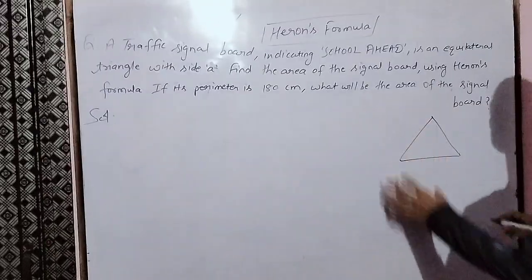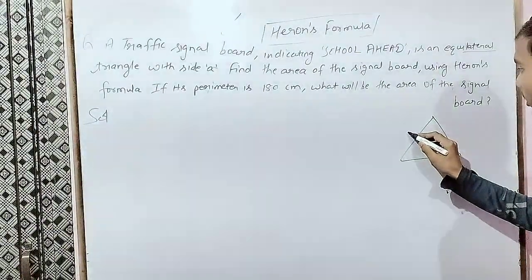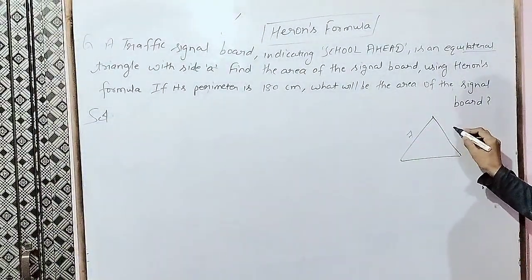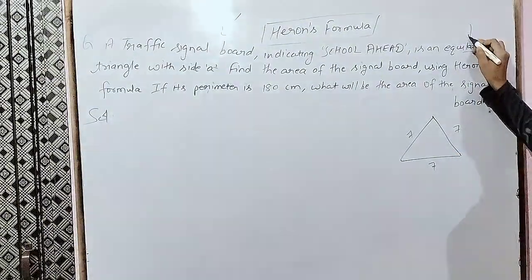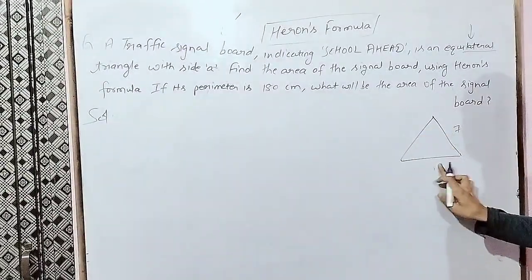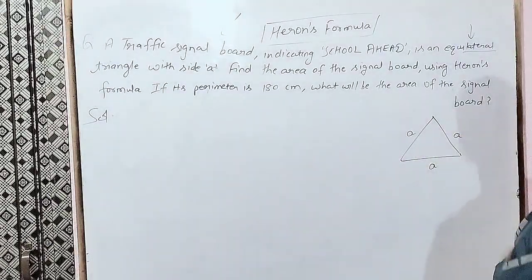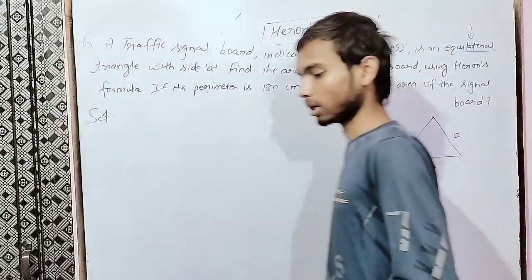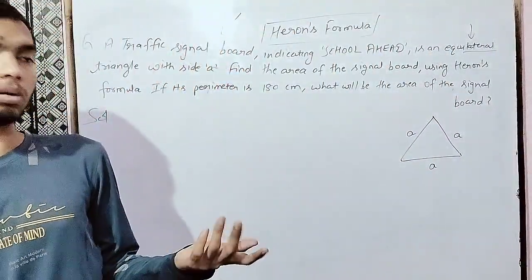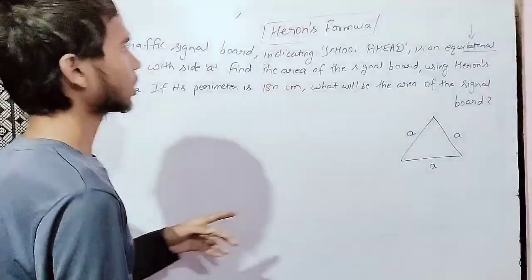So when it comes to equilateral, you have to be clear that if the measure of this side is, let's say, 7, then the measure of this side would also be 7, because it is equilateral. We don't know the measure of this side. The question said that the side of the equilateral triangle is A, which is a known number. We will find it, don't worry. Now find the area of this signal board.